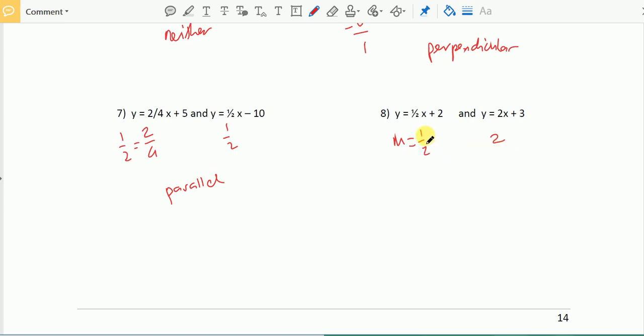Even though 1/2 and 2 are reciprocals of each other, they don't have the opposite sign. Because they don't have the opposite sign, they are neither, because you need the opposite reciprocal. This one is only reciprocal but not opposite. They need to have opposite signs, one positive and one negative.